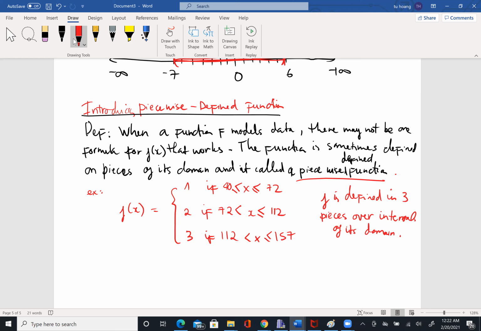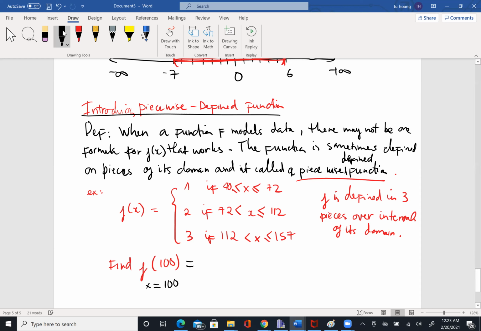So if I want to find f of 100, we mean x is equal to 100.